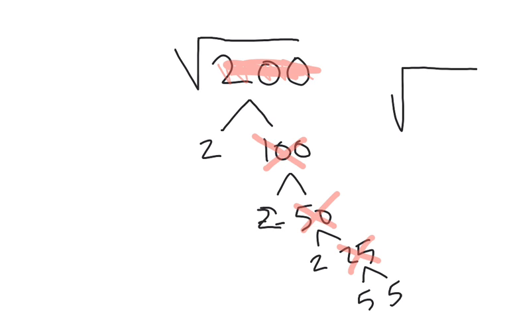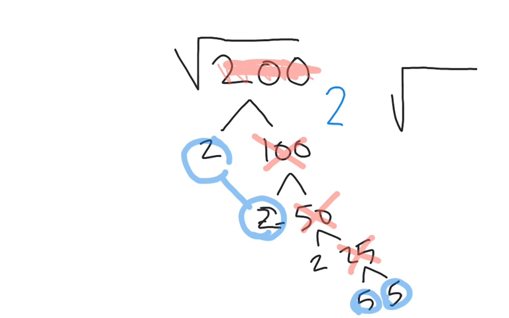So just looking real quick, I see that this 2 and this 2, that's 2 numbers. So let's put those 2's out here. Looking right here, I see that this 5 and this 5, that's a pair of numbers. So I can put this 5 right here.